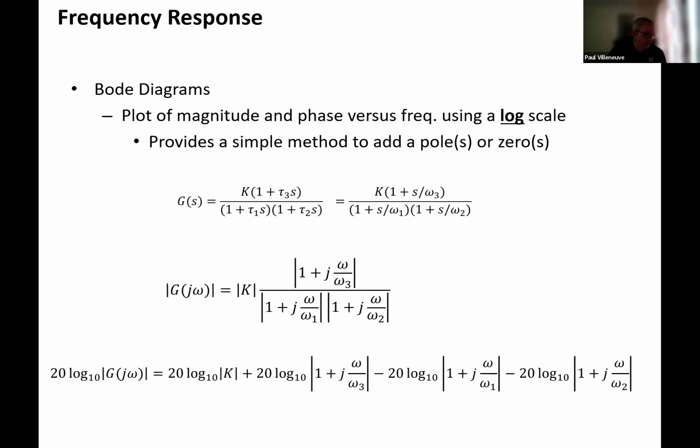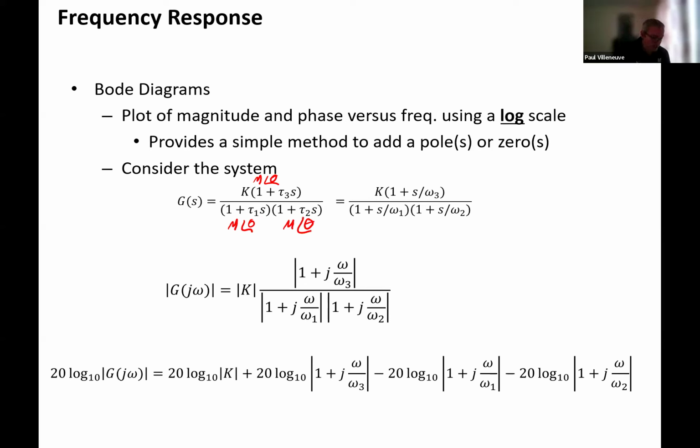So we're going to look at this one here, and let's look at the system. I have one finite zero and two finite poles. If you remember from root locus, I can calculate magnitude and angle for this one, magnitude and angle for this one, and magnitude and angle for this one, right?